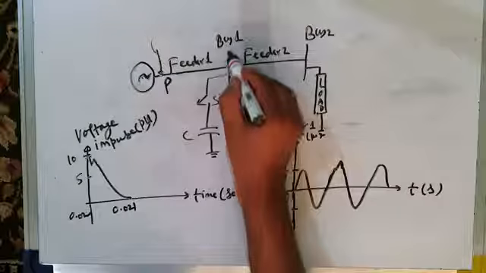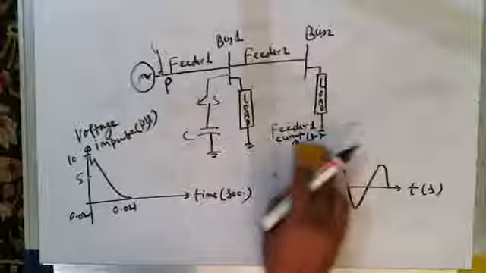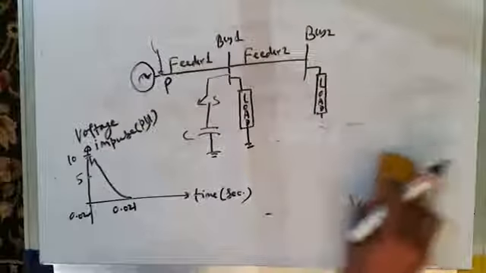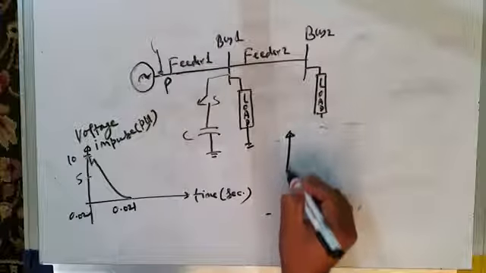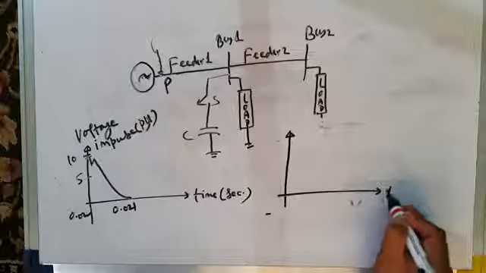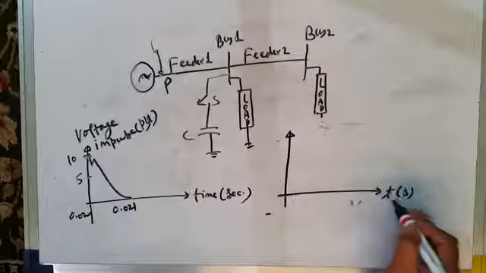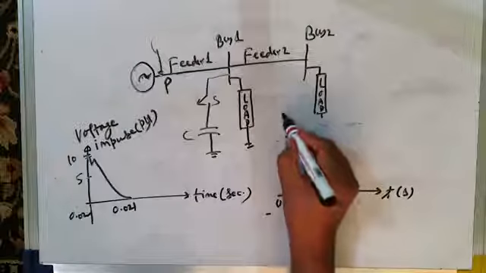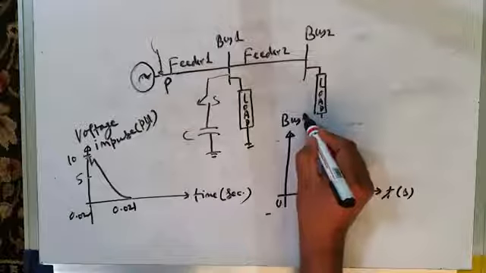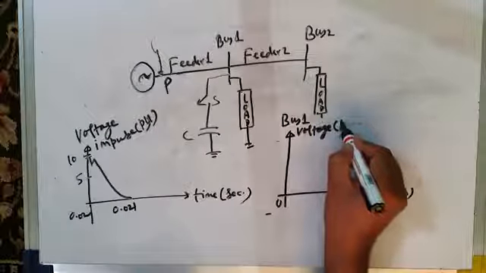Now what happens to the voltage at bus 1? It is interesting to see the voltage waveform. Let us try to see what happens to the voltage at bus 1. Again, x-axis is time in seconds, and y-axis is, say, bus 1 voltage, in per unit.